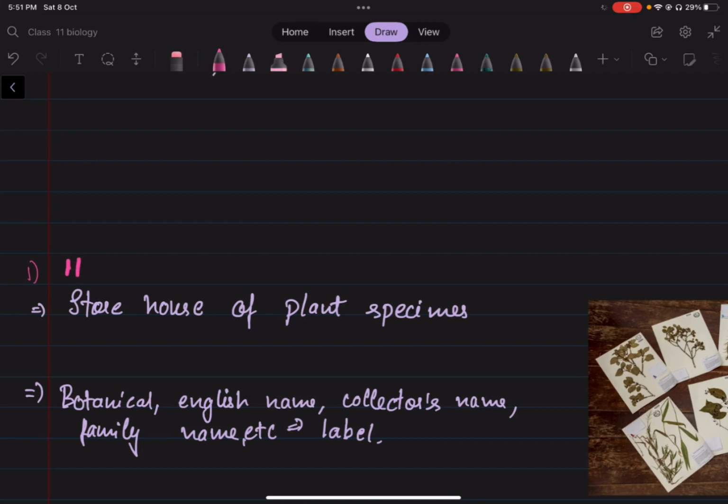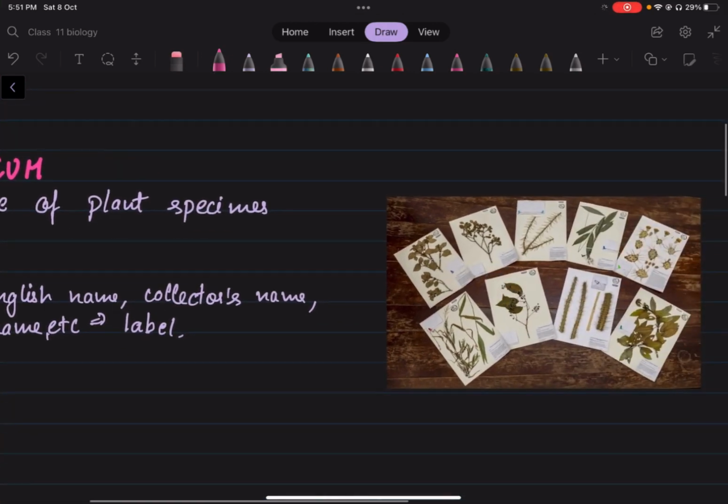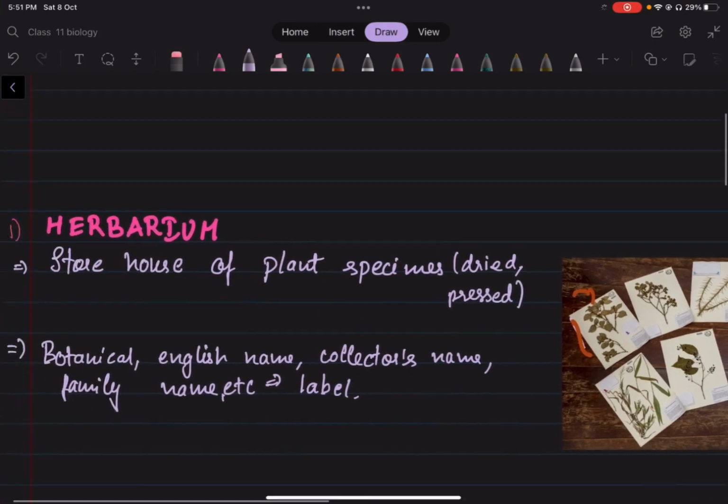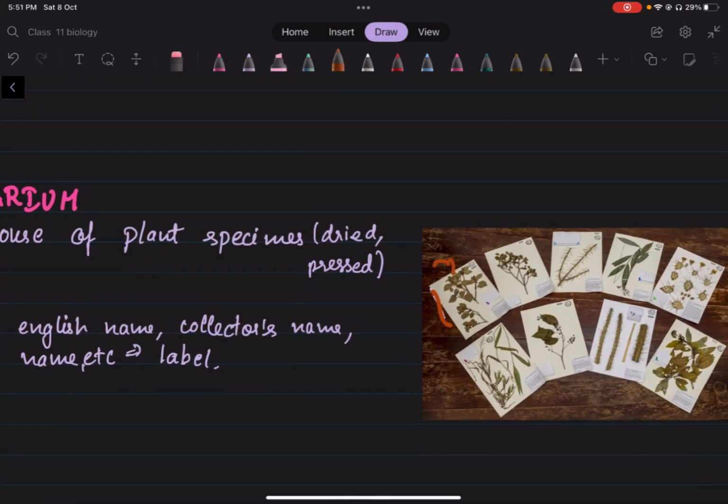So first is herbarium. What is a herbarium? Herbaria are nothing but these sheets that you see. In these sheets, a plant is dried and pressed against the sheet, and it is preserved in such a way, right? These sheets also contain a label here.